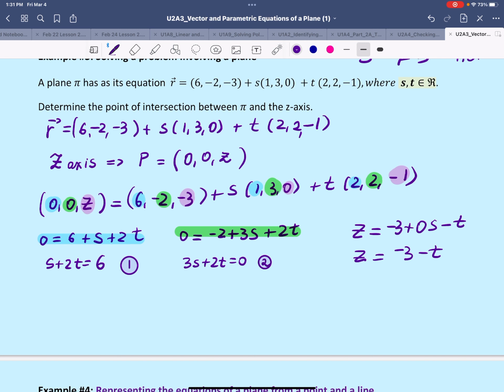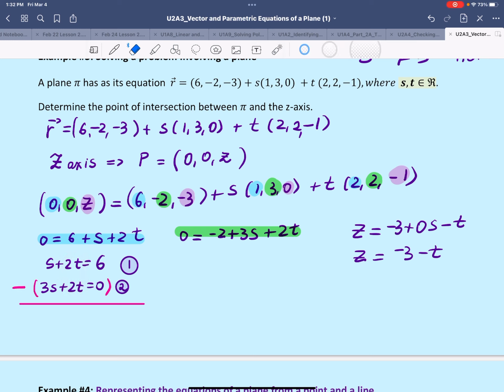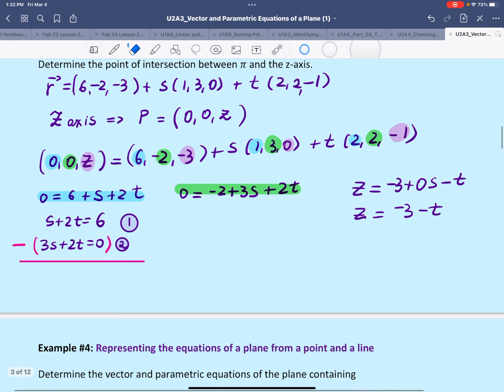I'm going to bring the two equations next to each other, and I will try to use elimination. The reason I made that decision so quickly is because I see that I have two terms with the same coefficient. So if I subtracted the second equation, I can eliminate the variable t.